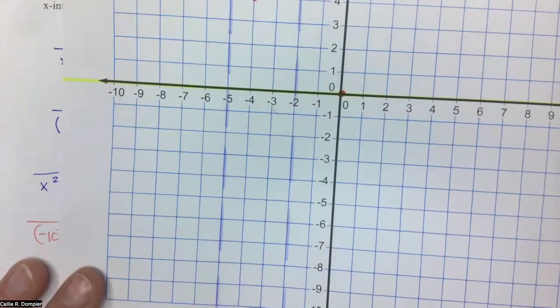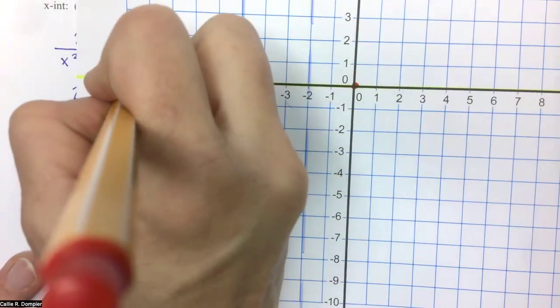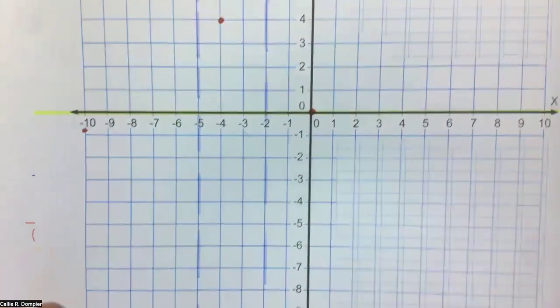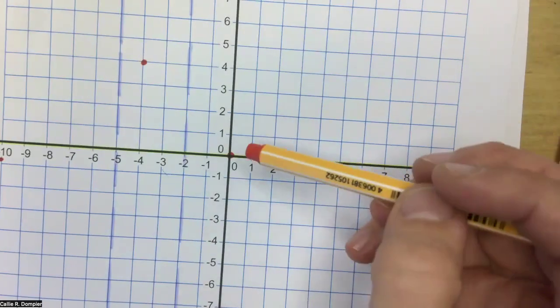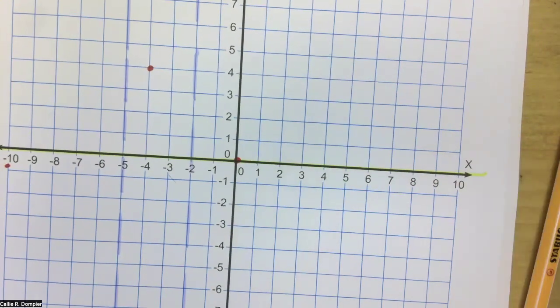And you can do as many of these points as you want until you feel like you are ready to graph the function. Good? Maybe we'll do 2. Yeah, we'll just put in 2 just to make sure.